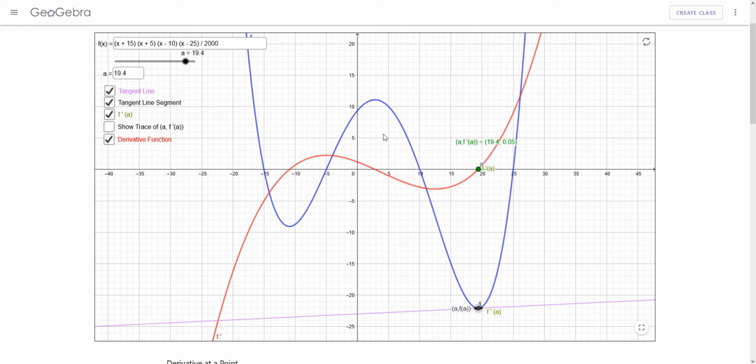When we're between this value and this one, between here and here, the original function is decreasing from this local maximum to this local minimum, and that means the derivative is negative in here. The derivative is positive in here because the slopes are positive.